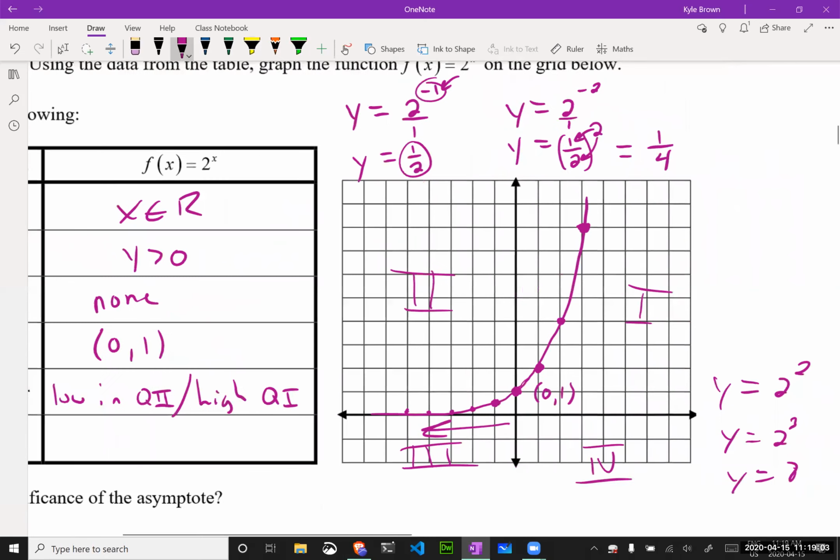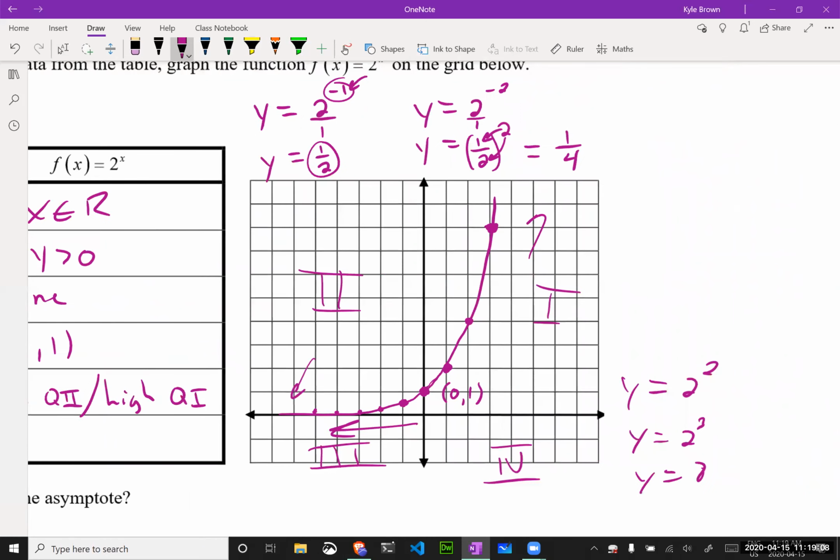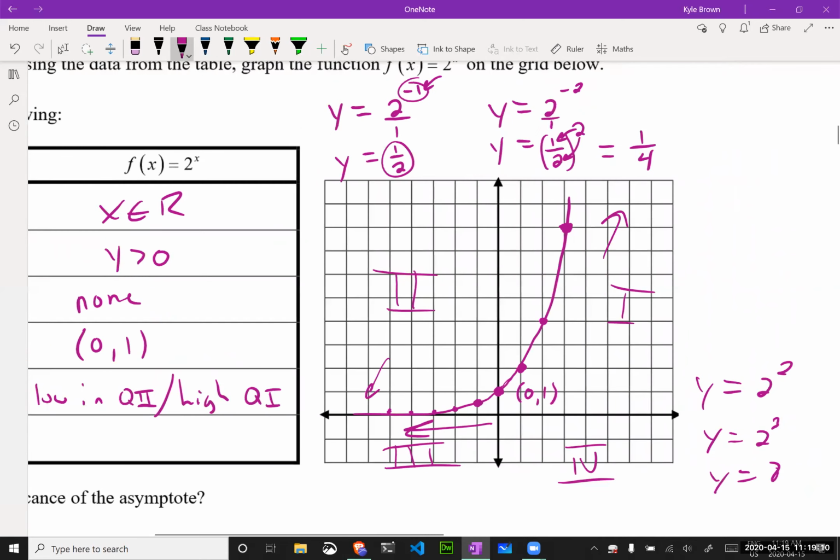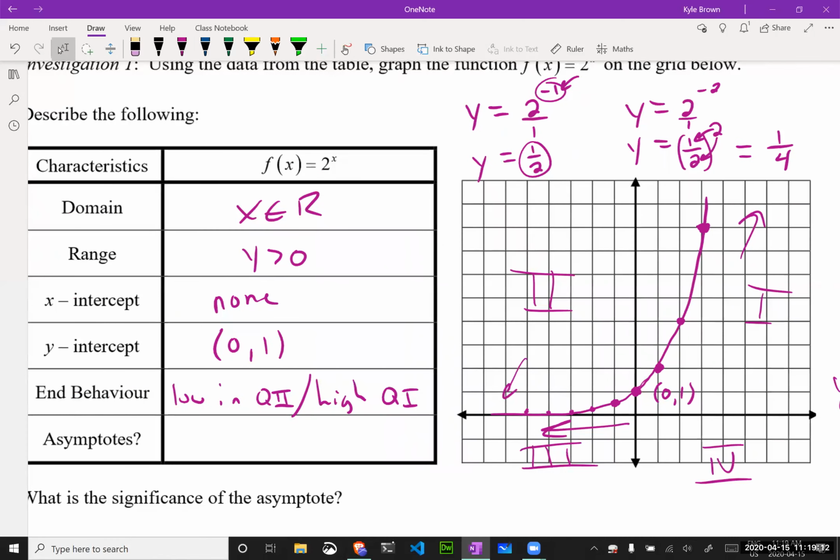It just means it's getting low, toward the bottom of the quadrant, and then really high in that quadrant. But like I said, you'll see that different ways. And then asymptotes: we have a horizontal asymptote at y is equal to 0.